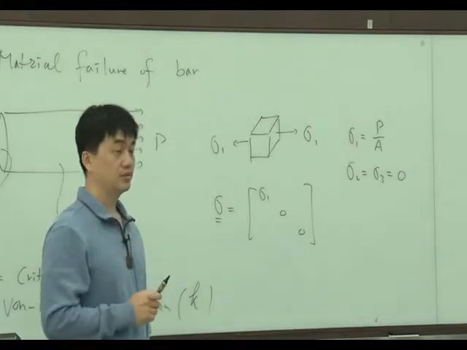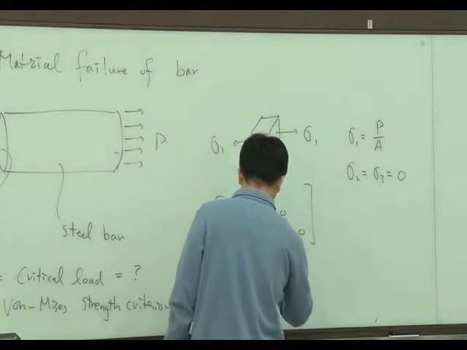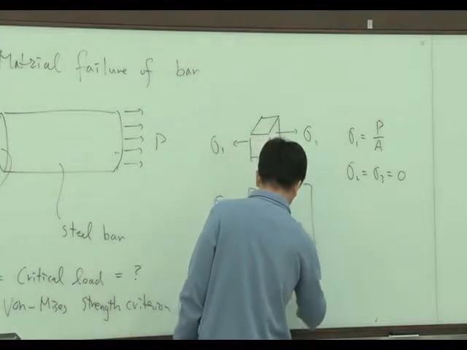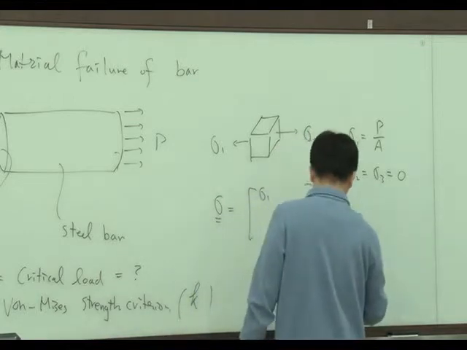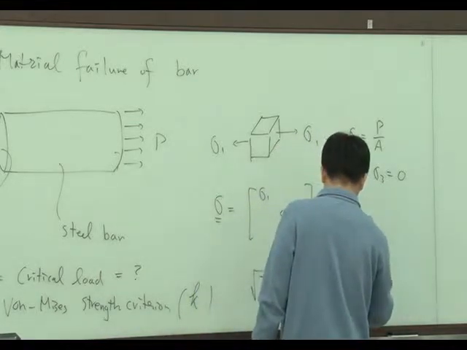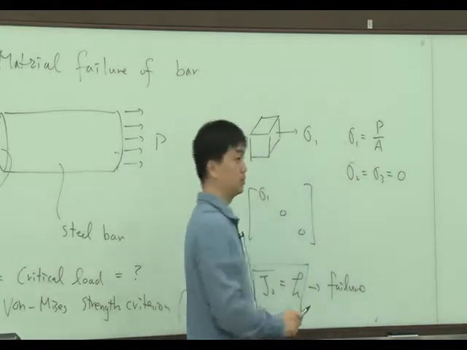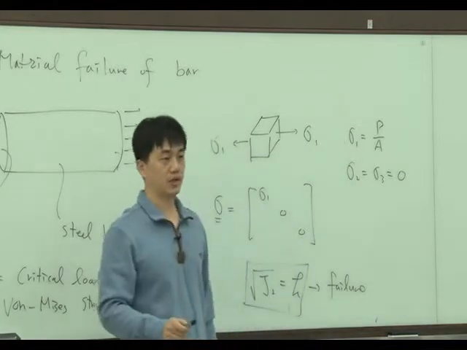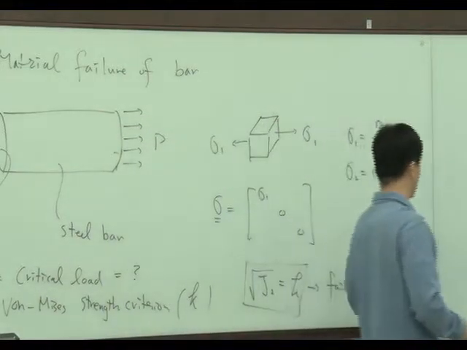And when the material fails, square root J2 equals K, then the material fails. So what we need to do is to calculate J2.